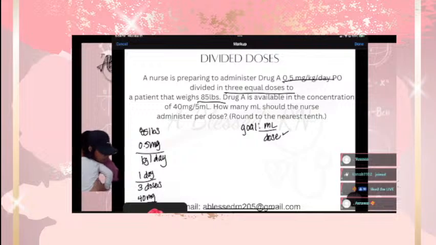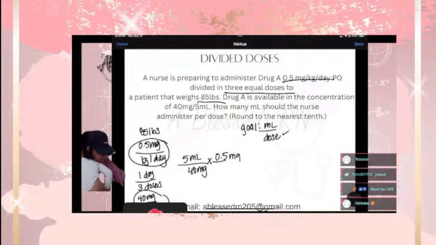Okay, so if we are looking for milliliter, we're going to start with milliliter, right? So we'll use this puzzle piece. Flip it. 5 mLs per 40 milligrams. Okay, milligram at the bottom, we need milligram at the top. So we'll use this puzzle piece. 0.5 milligrams per kilogram per day. Okay, now we've got kilograms that we need. We've got pounds, so we'll do 1 kg is 2.2 pounds.